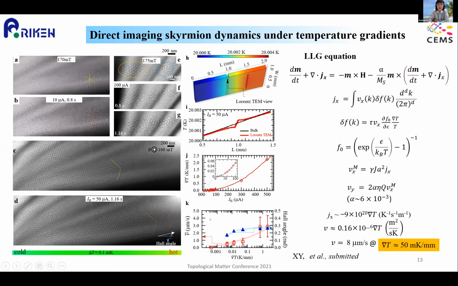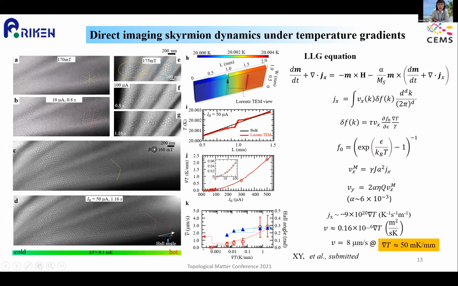And systematic Lorentz TEM observation demonstrates the main result shown here. We plot the velocity of this skyrmion motion, marked by these red circles, and also the skyrmion Hall angle, marked by these blue triangles.